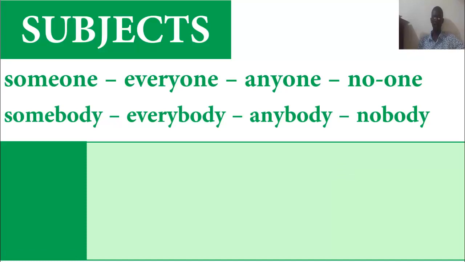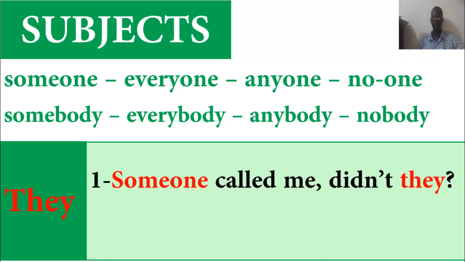Est-ce que c'est femme? Est-ce que c'est homme? Is it masculine or feminine? We don't know. So the equivalent of someone, everyone, anyone, no one, somebody, everybody, nobody is they. So use they as a subject in tag questions to replace someone, everyone, etc.